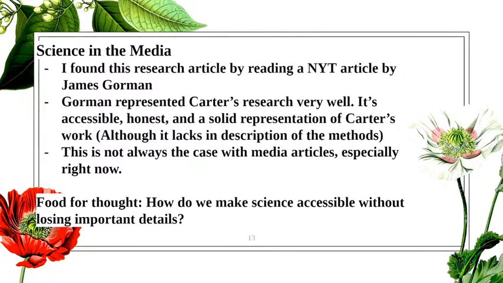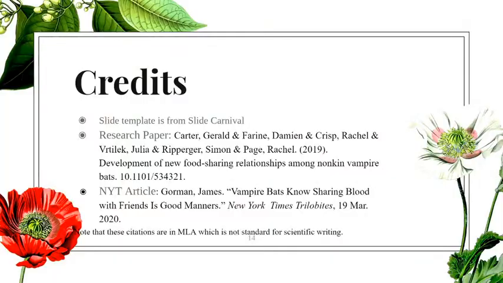I think it lacks on talking about the methods and how they did that pairing, and how they proved that the bats didn't know each other, and how they controlled for the experiment. But I think it's really accessible for people to read, and especially right now, we're seeing so much misinterpretation of scientific research in the media. So I just think that's a really interesting question of how we can make science accessible. And then I have to show you my citations because I don't want to get caught on copyright.